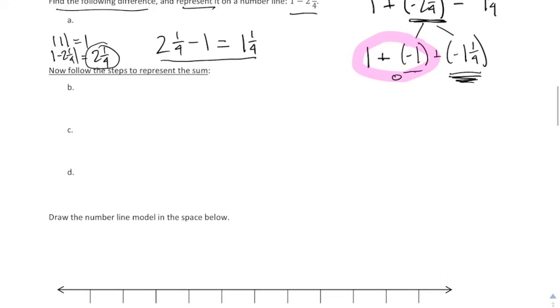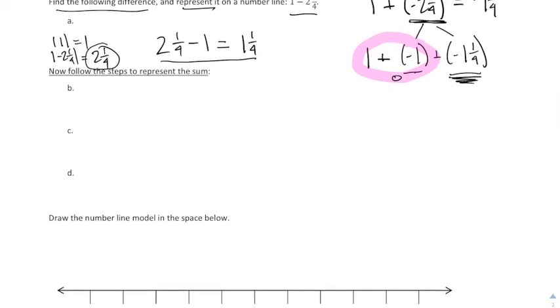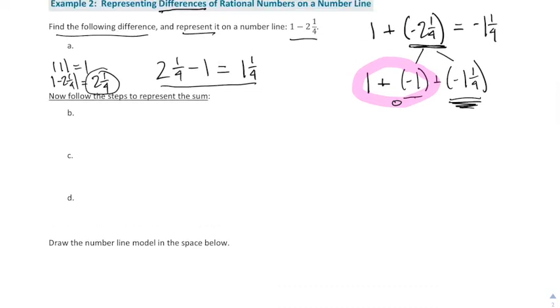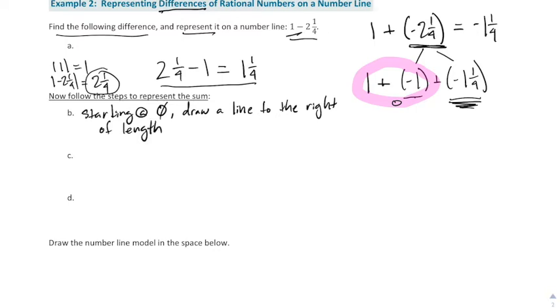Now follow the steps to represent the sum. So since this is a sum, I am going to follow the steps that I followed over the last couple of days, which is to represent 1 by starting at 0, draw a line to the right of length 1.